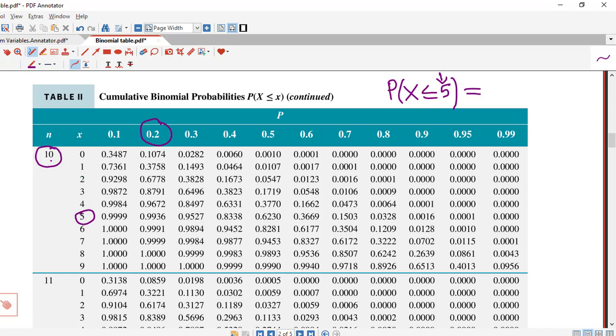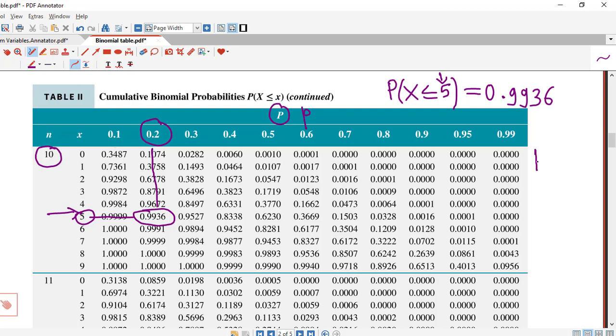Small n is 10, small p, here they have denoted probability by capital P, but in our case we are considering small p. So probability of success is 0.2, small x is 5. If we consider this row corresponding to x equal to 5 and the column corresponding to small p equal to 0.2, we obtain this value 0.9936. This I can write as 0.9936.